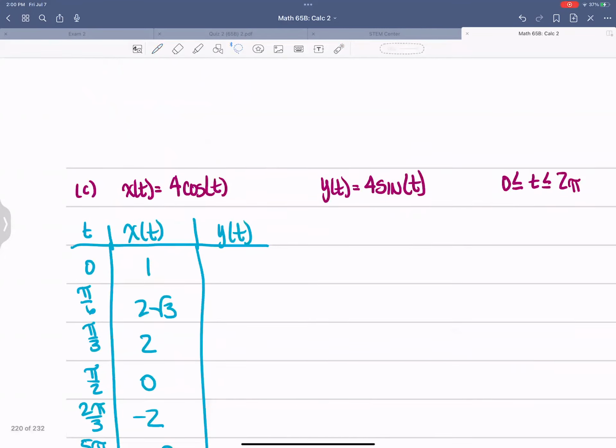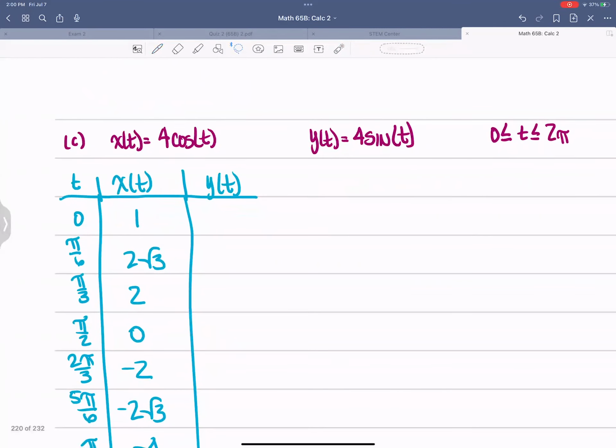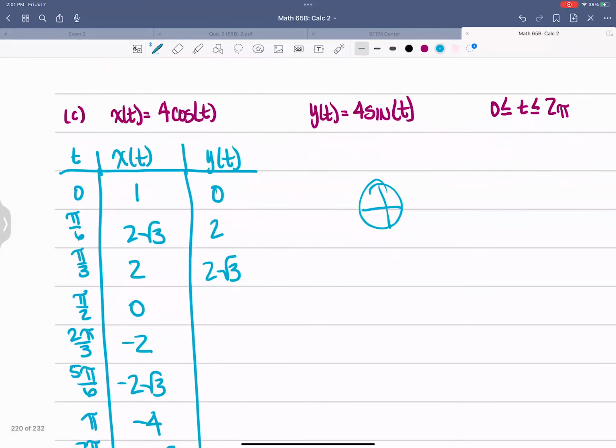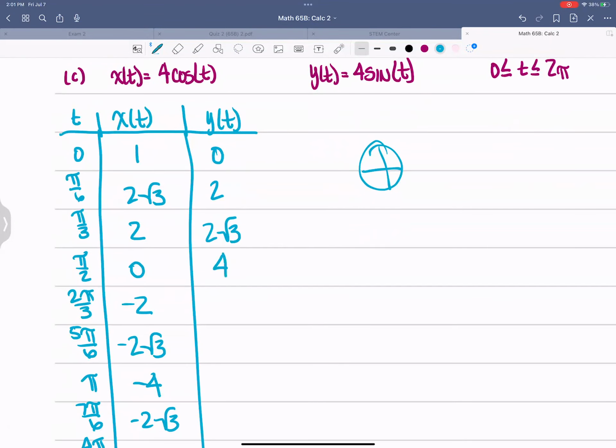All right, starting off here, we now have 4 sine of t. So 4 sine of 0 is going to be 0. And here we're going to be half, so that's 2. This is going to be 2 root 3. This is going to be 4.